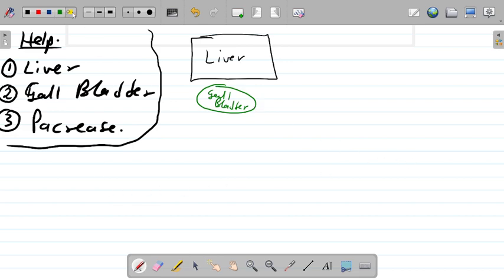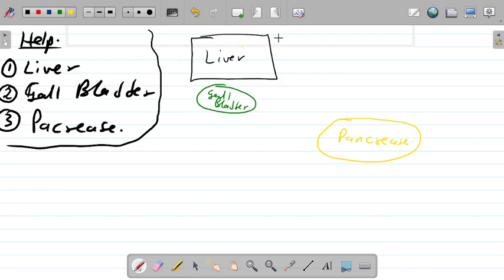Then there at the bottom, you'll have your pancreas. So let's look at how these ones help with their secretions.